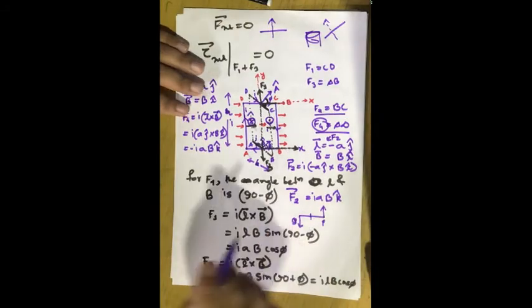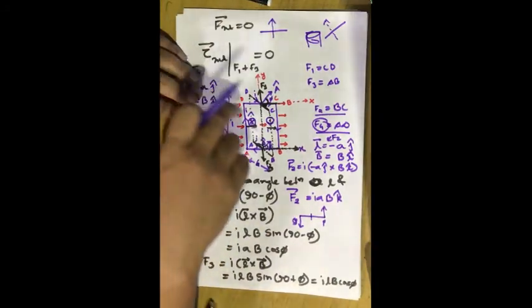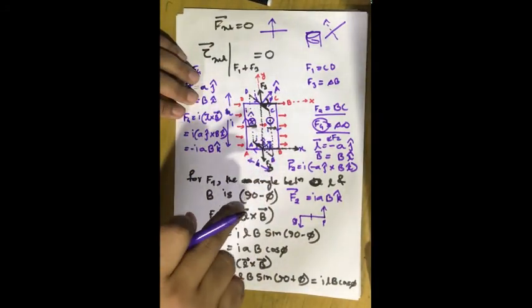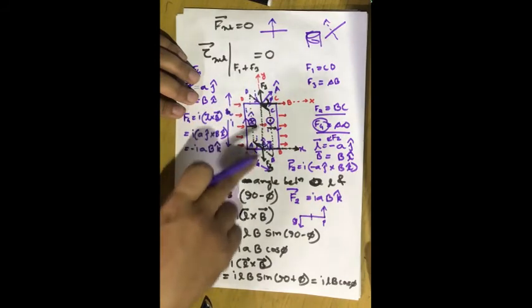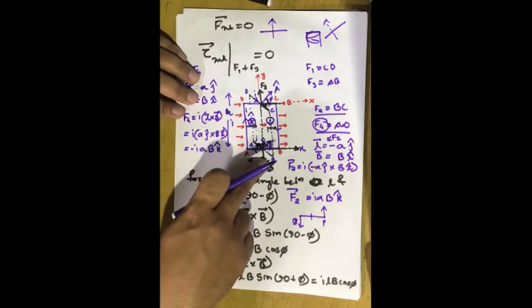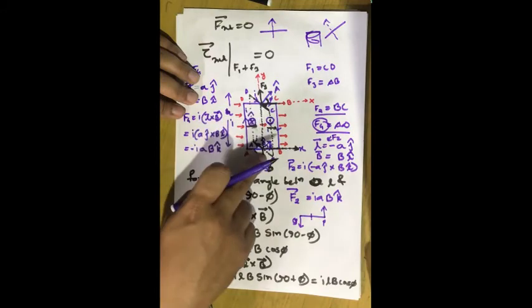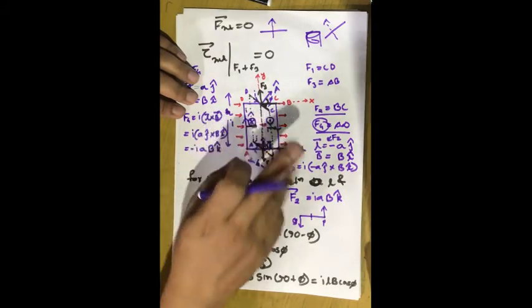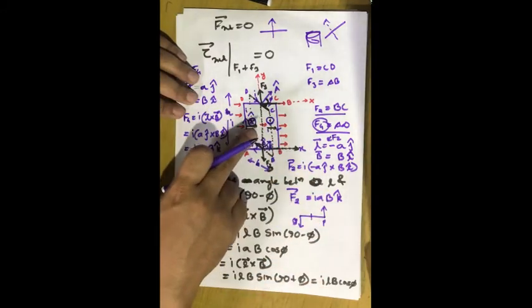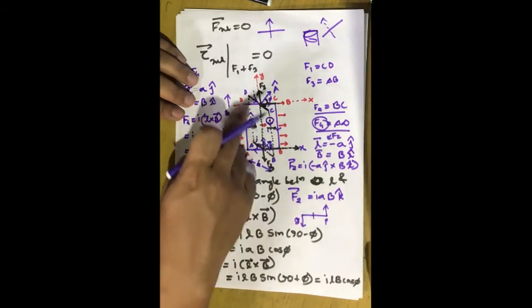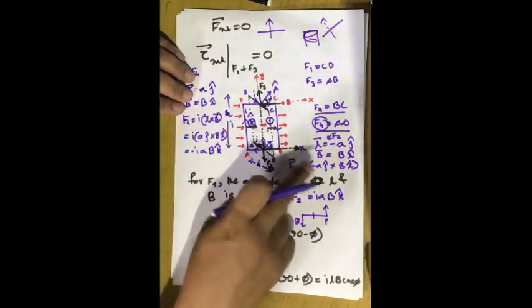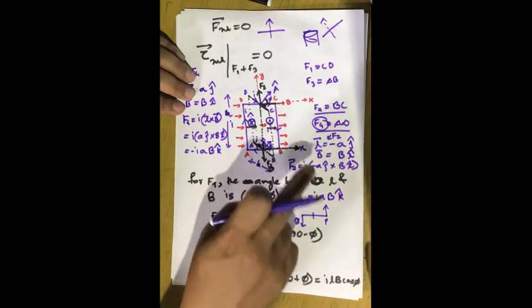Okay, so we found that if the loop is placed at an arbitrary angle, then the forces on CD and AB will be equal and opposite. These two forces will be coplanar, therefore they will not contribute towards any net torque. On the other hand, the forces on AD and BC are also equal and opposite, therefore net force is 0.